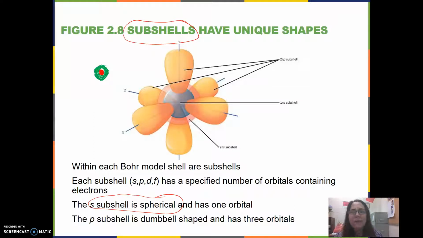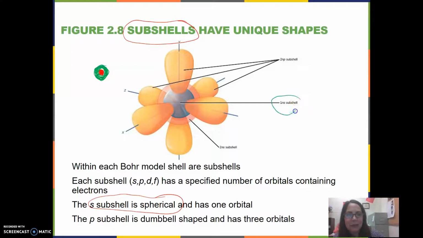And that would be the first 2 electrons. If that atom, for example, was helium and it only has 2 electrons, those 2 electrons are very likely to be somewhere in that green spherical area outside the nucleus. That's the first energy level, but it's also called the 1s subshell.